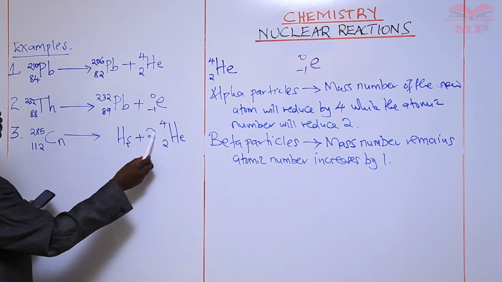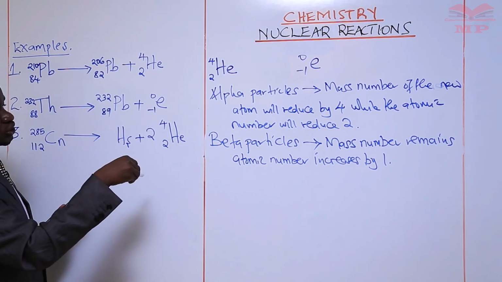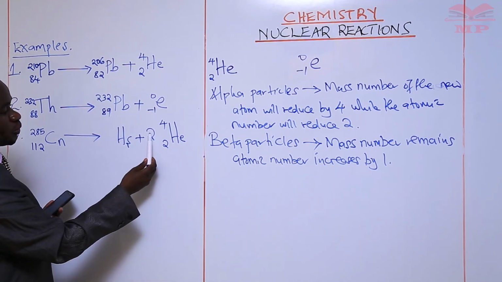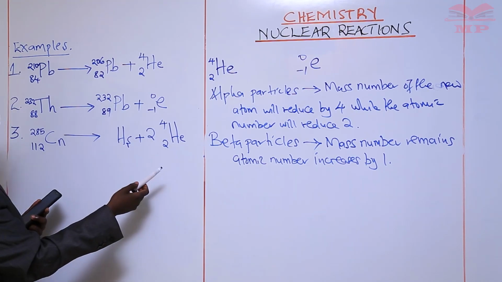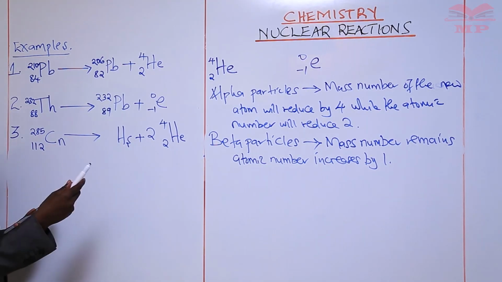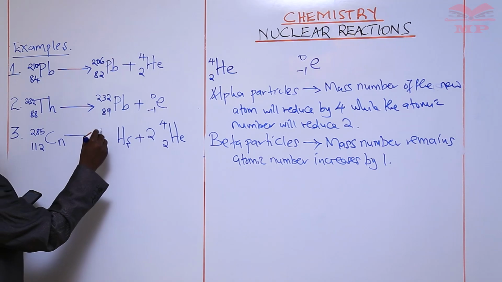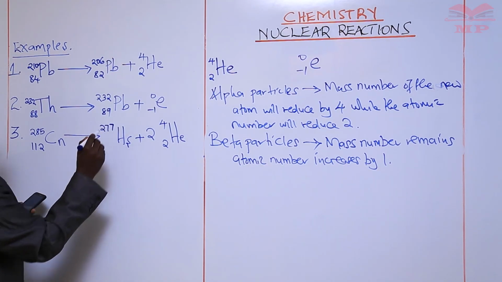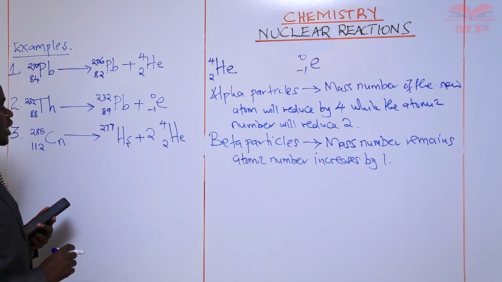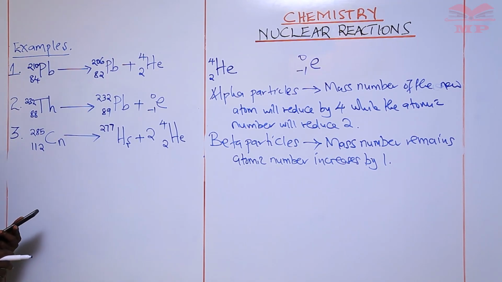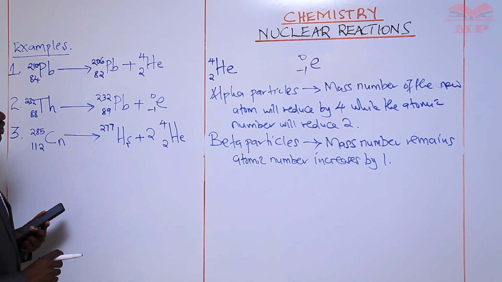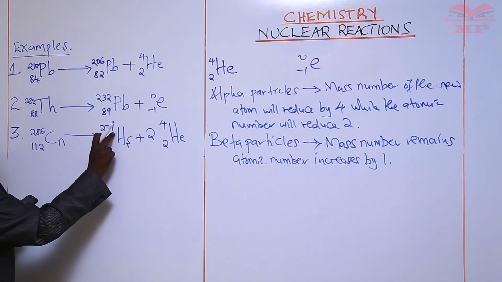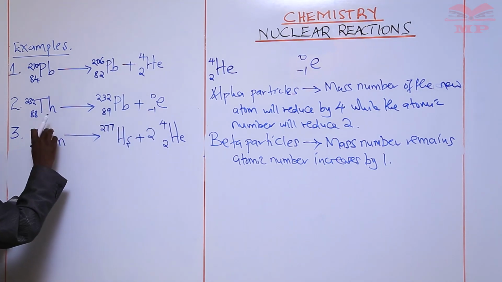So when you multiply 2 by 4, you get 8. So I reduce 285 by 8, and that will give me 277. So the new nuclide will have a mass number of 277. So that when I add 277 plus 8, I will get 285.